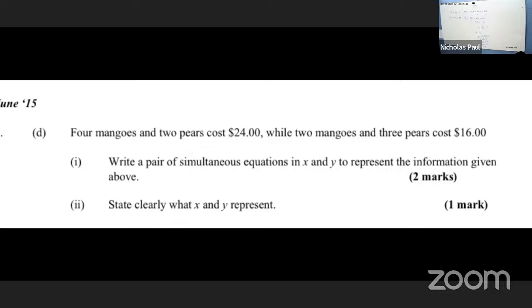Right, and are you finished already? Make sure your equations are right. X is mangoes, Y is pears, right? Make sure your equations are right, and then set it up. Let's set up the equations.